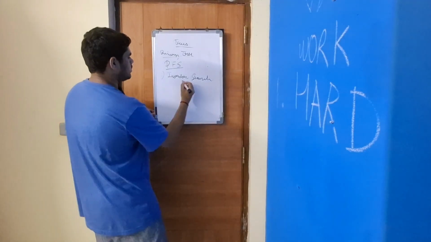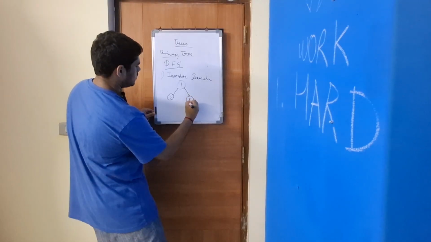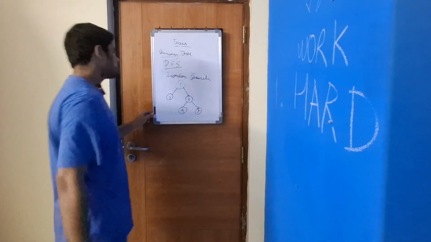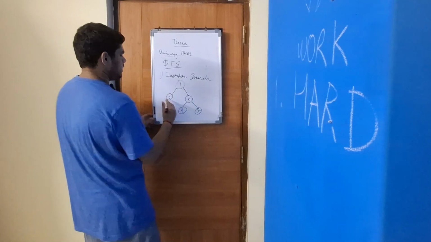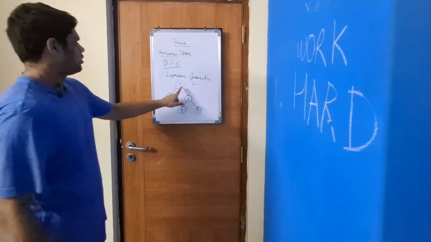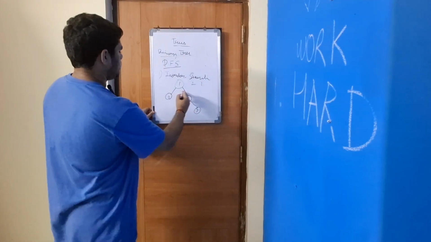So if you have a tree 1 2 3 4 and 5, first will be left, which will be 2. Then you will go to the root node, which is 1. And here we have the right node.